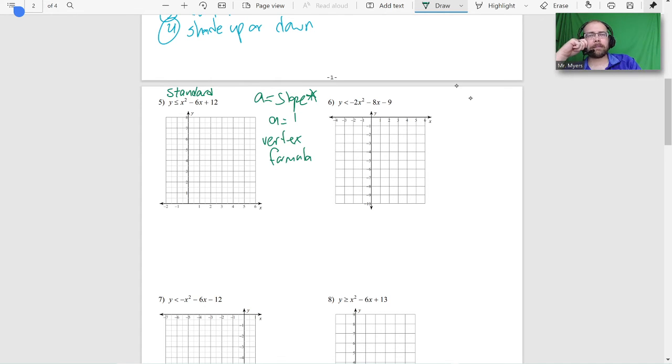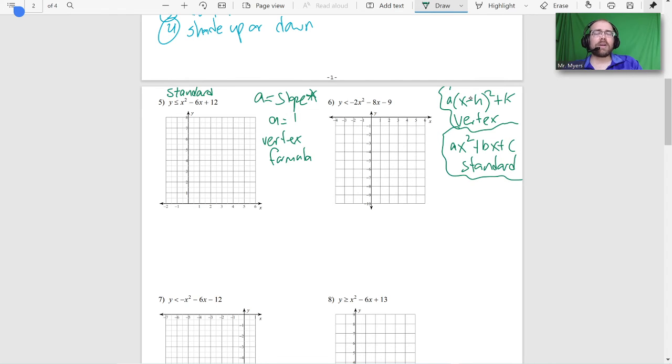I'll write that out over here: a(x minus h) squared plus k. That's vertex form. Versus ax squared plus bx plus c, which is standard form. Right? So those are the forms, not the formulas.